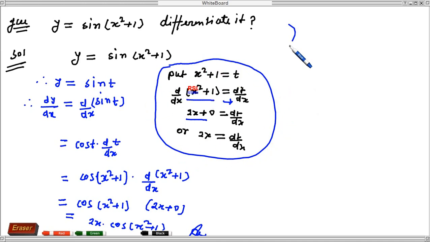But this is well done here, so you can also learn something. This is x square plus 1. If you differentiate with respect to x on both sides, that will be 2x plus 0, and this will be dt by dx. So we could not get any benefit from this working. So finally this will be the answer.